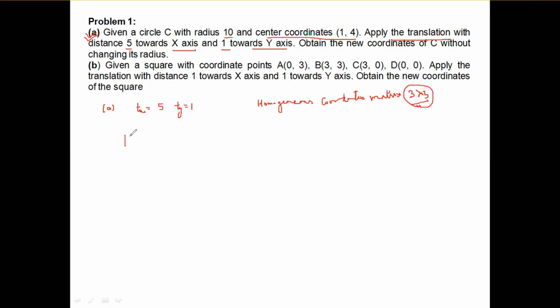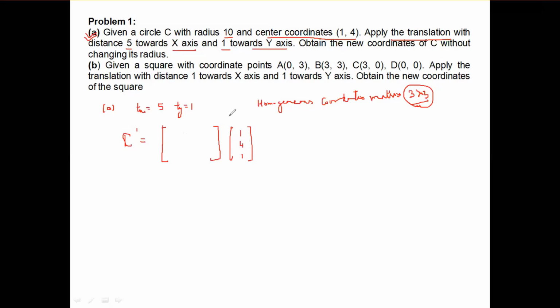So I'll calculate the new center, that is C dash is equal to, first I will write the matrix of the translation, because this translation matrix has to be applied on the center of the circle. So the center of the circle has to be shifted. The center of the circle is 1, 4, and 1.